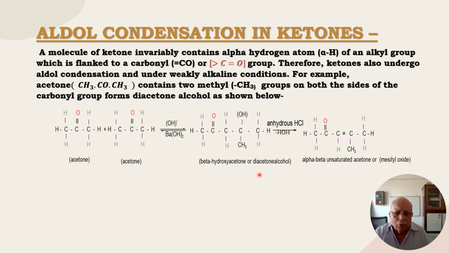Because it is not an alcohol, but it has got a hydroxy group and two acetones combined together, we call it diacetone alcohol. And again, in anhydrous HCl medium, there is a loss of water, and you get a particular stable compound, which is alpha beta unsaturated ketone, very commonly termed as mesityl oxide also.